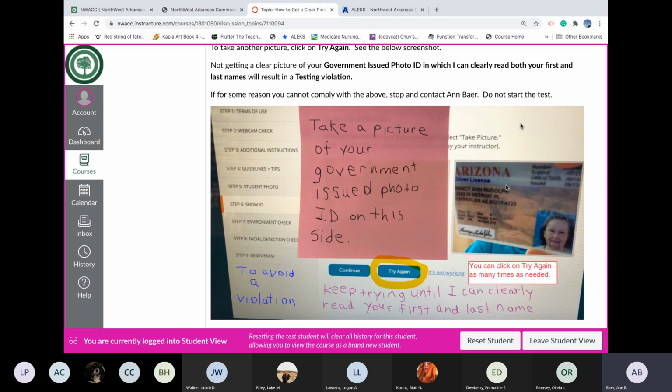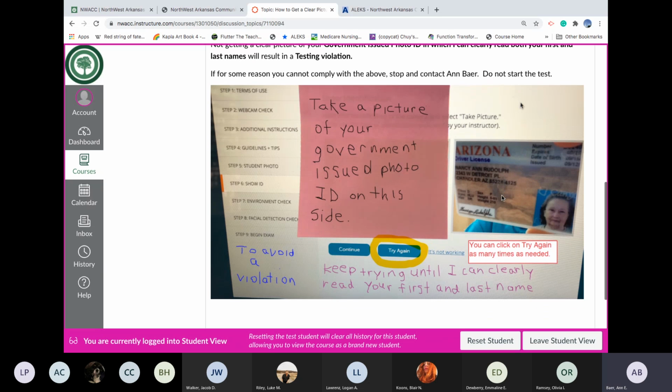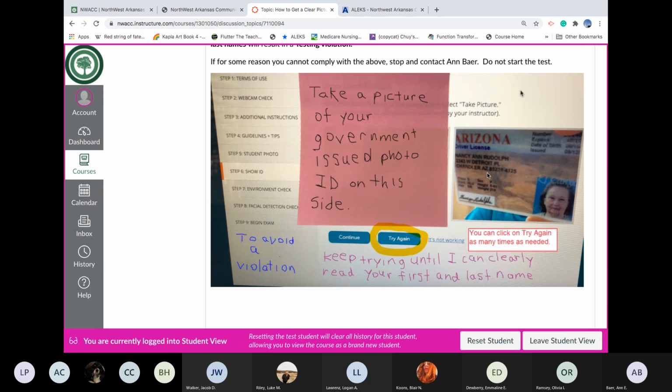So what happens if this is blurry? You can go here to try again. You can retake the picture. It's circled in yellow here. Then you check it. Can you read it now? If you can't read it, you take it again.